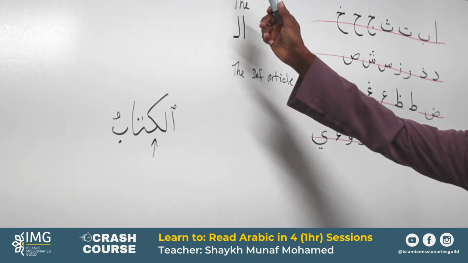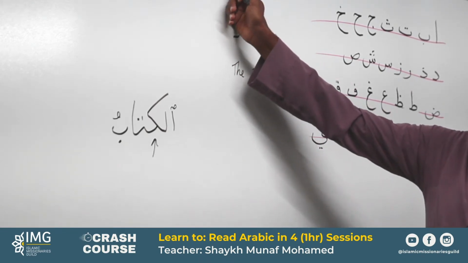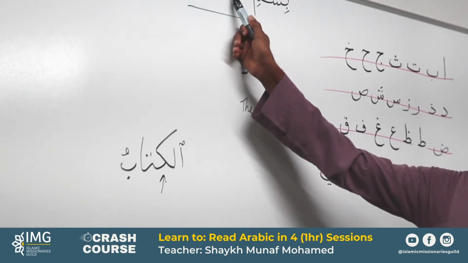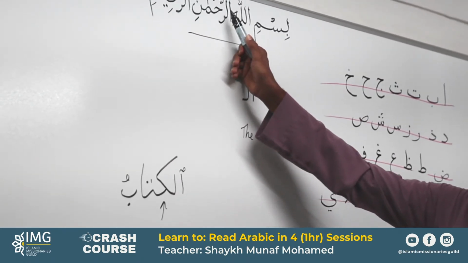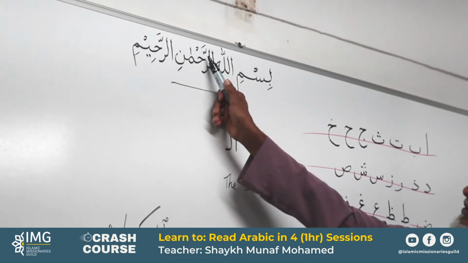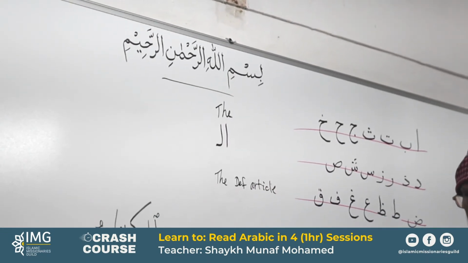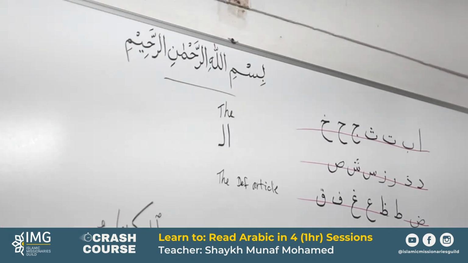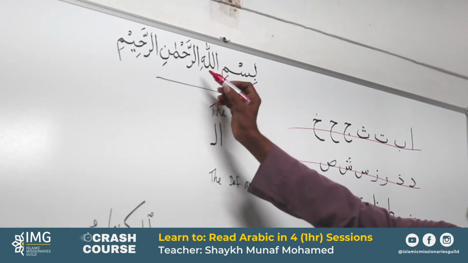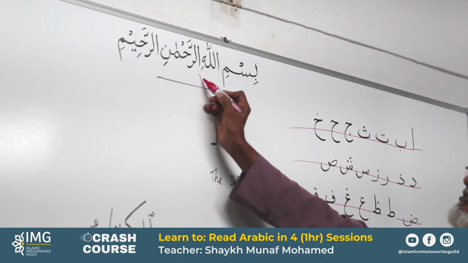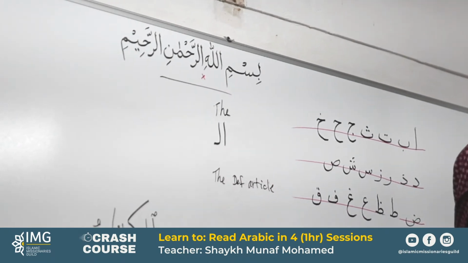All right? So we have a word beginning with alif and lam. And then we notice there is a shadda. So this is telling me, first, that the alif is not pronounced. Why?